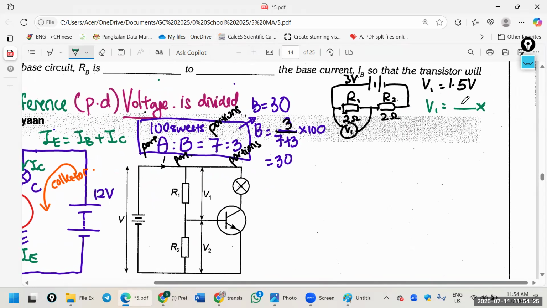So actually it is 2 divided by 4 times 3 volt. Where does the 4 come from? So in this case, the portion will be the resistor. Okay?